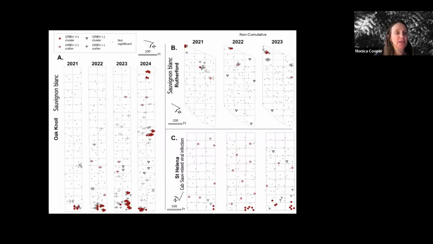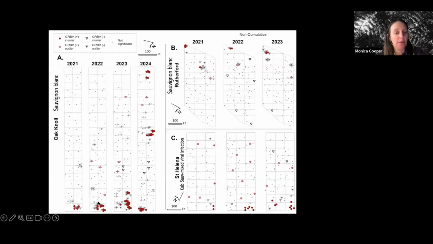And this is what it looks like for those blocks that I mentioned that we did our study in. So the Sauvignon Blanc blocks in Oak Knoll and Rutherford, and then the Cabernet Sauvignon block in St. Helena that had a mixed viral infection. And you're looking at 4 years of data for the Oak Knoll block, and then 3 years of data for the other 2 blocks.